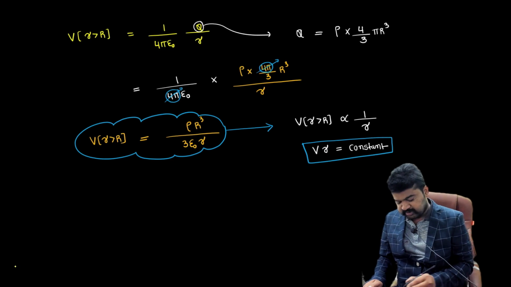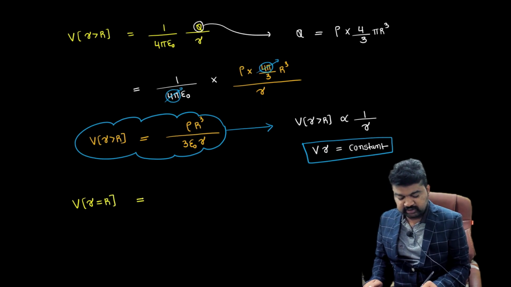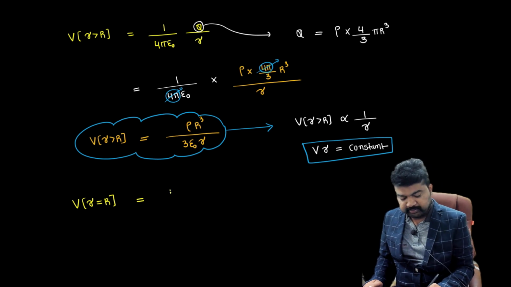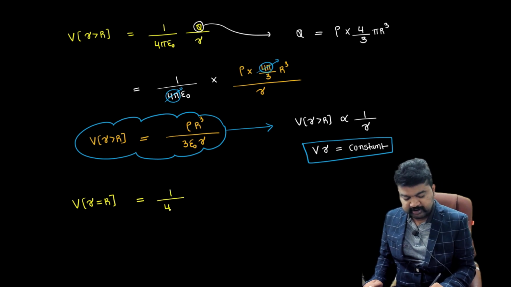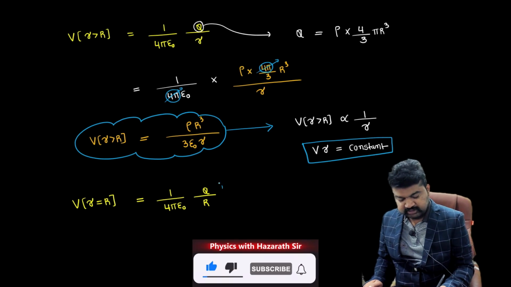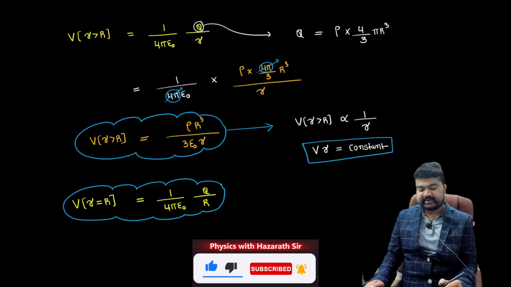So if we want to write V of r with r equal to R, then what comes, tell me. In place of r, put capital R. Then you get 1/4πε0 Q/R. This is on the surface of the non-conducting sphere.